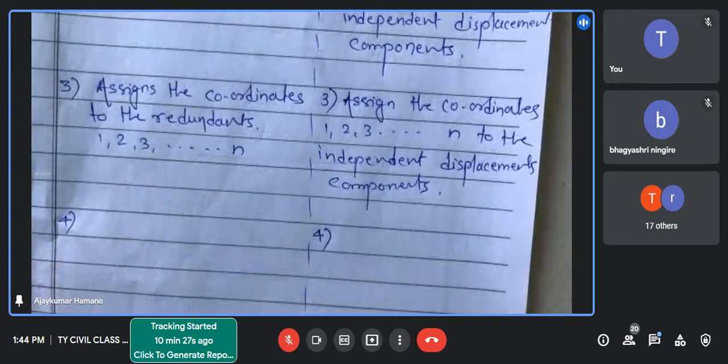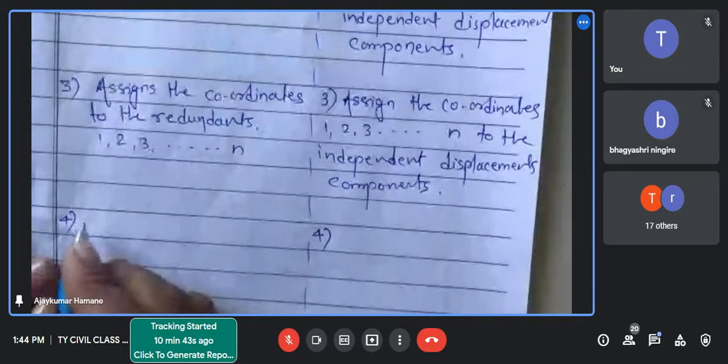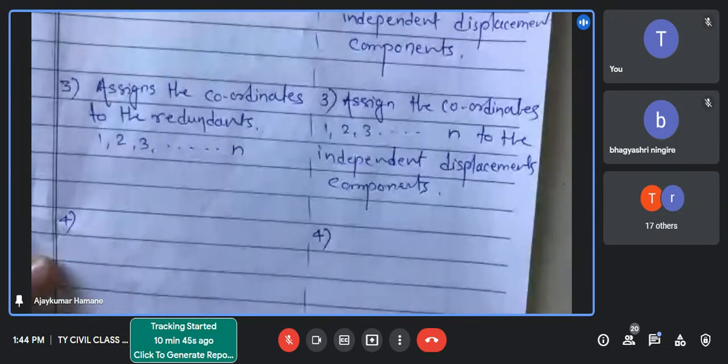What are the differences between these methods? In the fourth step, in the force method, that is the flexibility method, we have to remove all the redundants to obtain the released structure.